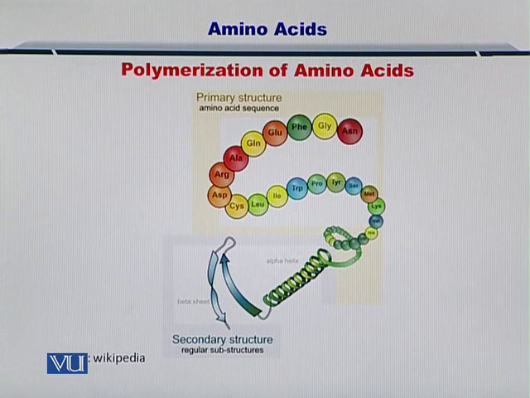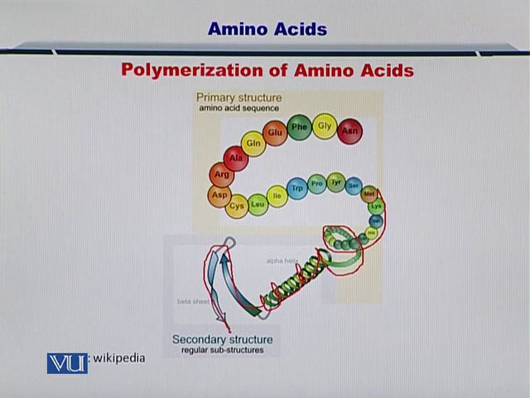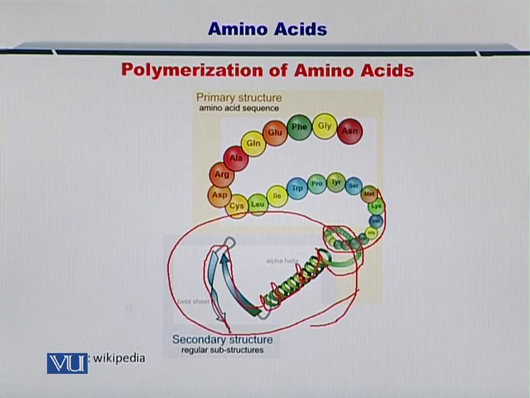After the polymerization of amino acids, the amino acids fold into structures and therefore they become folded proteins. The folding of these amino acid chains is very important to impart function onto the proteins.